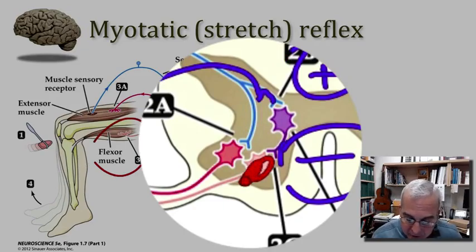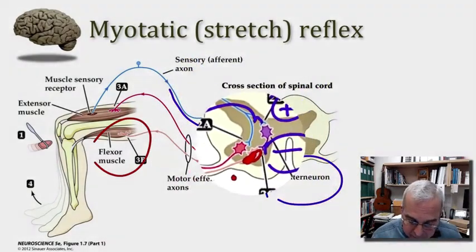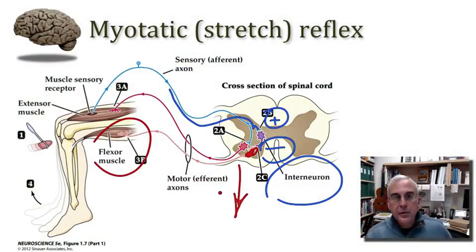So this neuron right here then becomes diminished in its output to that flexor muscle. So by decreasing the numbers of action potentials that is supplying that flexor muscle, the muscle tone of that flexor is now going to relax. And this removes the antagonism about this extensor movement of the leg.